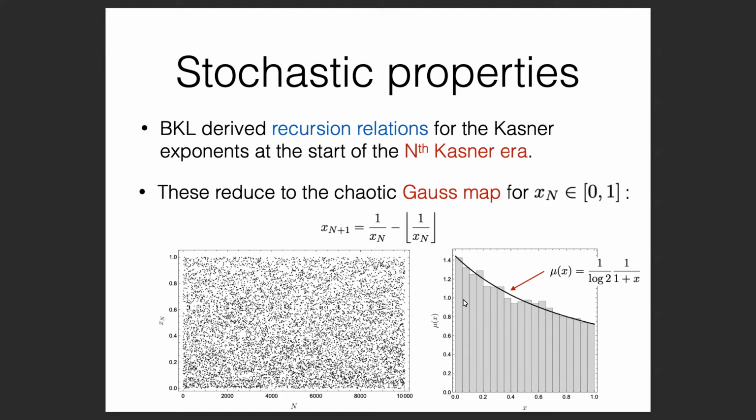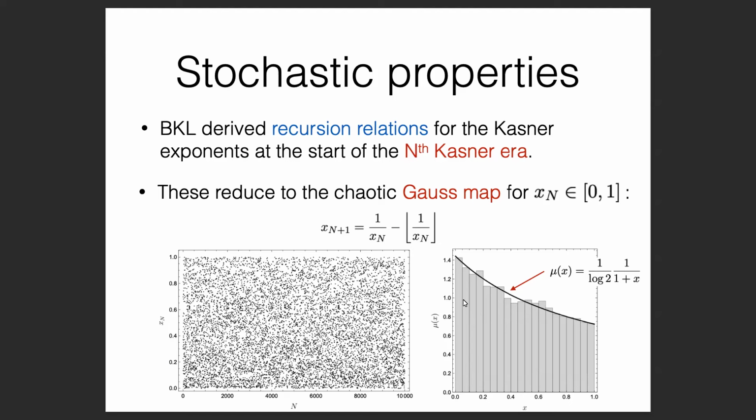It turns out that what really matters are these eras. Remember, an era is a sequence of bounces that involve two walls. What they were able to get is the exponent. Remember there was a p_t, for example, which was the Kasner exponent for a given epoch. I'm going to tell you what this x_n is.